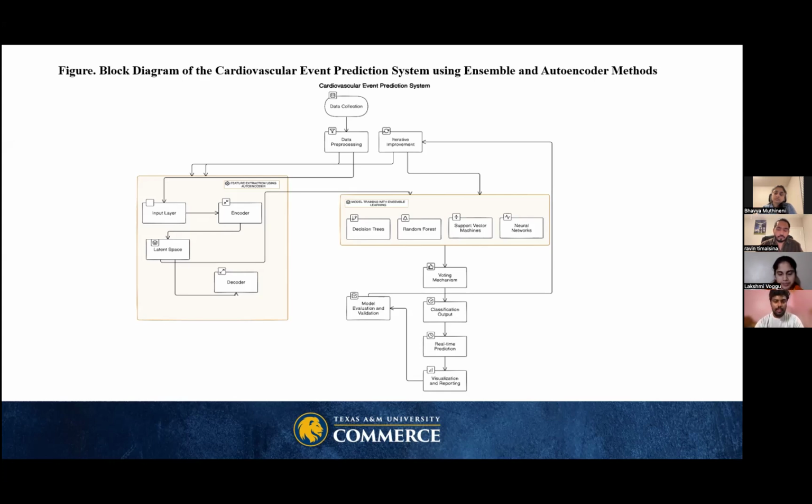Based on the metrics from these methods, we predict the disease using a voting system based on the accuracy, F1 score, and other metrics. Can you move to the next slide, Karan?